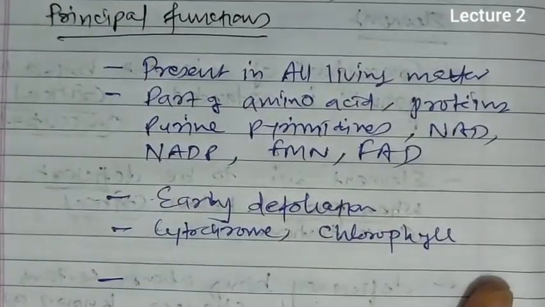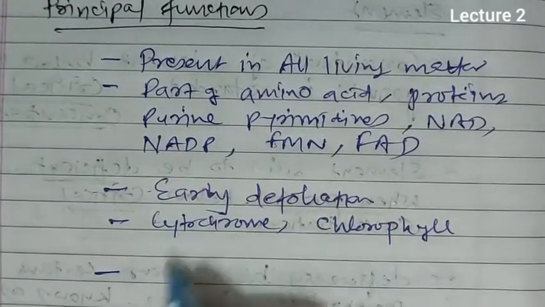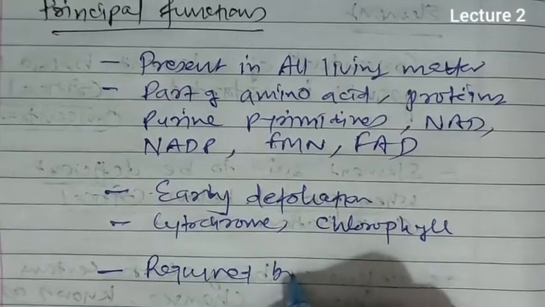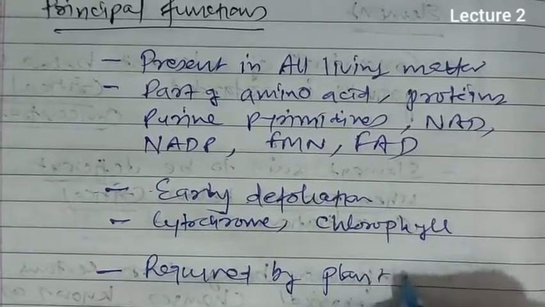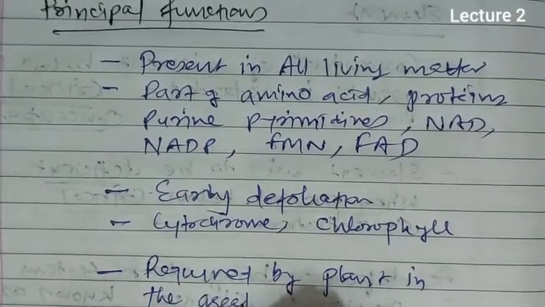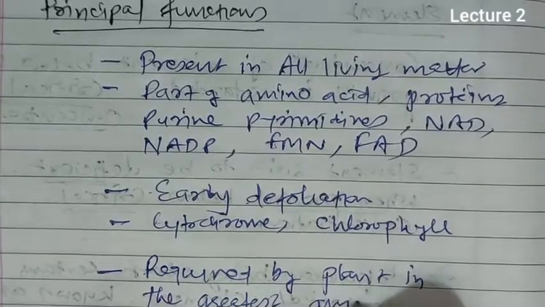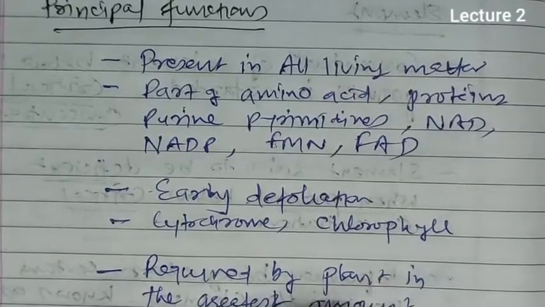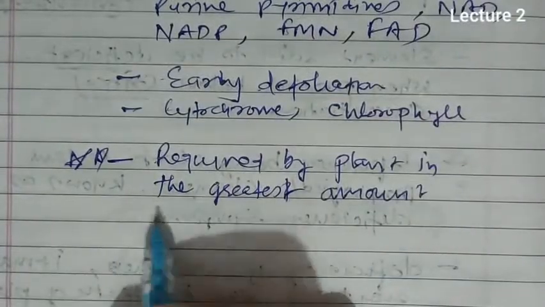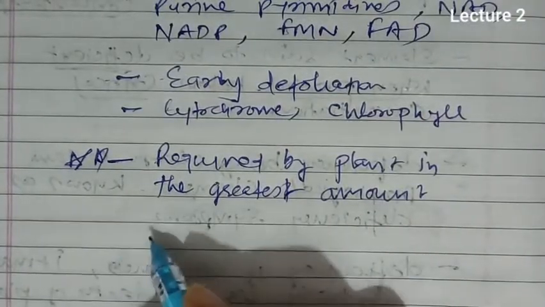It is the mineral element which is required by the plant in the greatest amount, and this is one of the important statements. Okay, this nitrogen is required in the greatest amount. It is absorbed as NO3 minus.